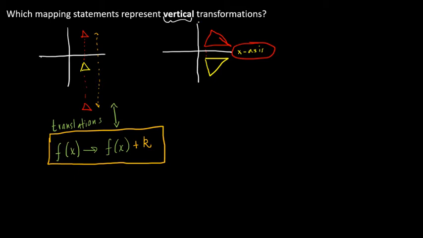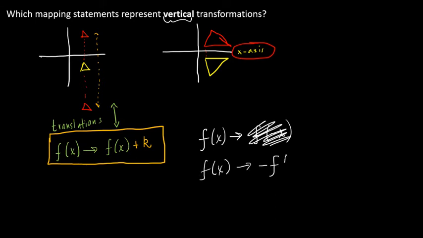So that's one type of thing that you'll need to select. And then second, reflections across our x-axis. Okay, so remember, reflecting across the x-axis is going to change our y-coordinates, and a reflection across x might look something like this, where we have f of x mapping to negative f of x.